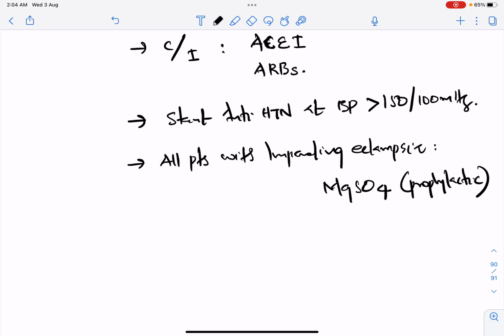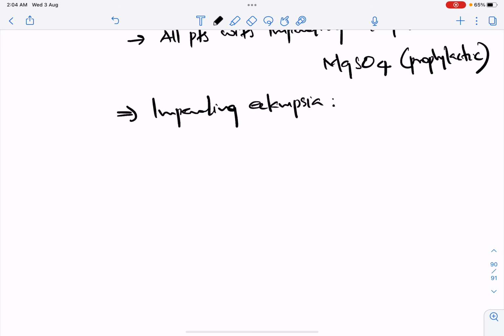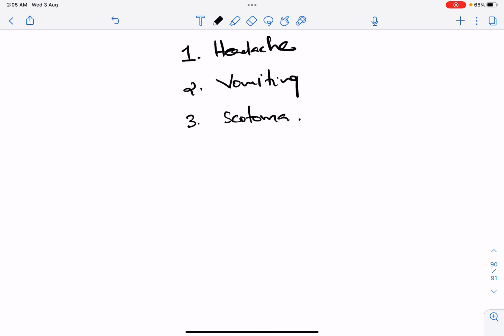So what are the features of impending eclampsia? The features of impending eclampsia include: the first one is sudden onset headache, vomiting, scotoma, pulmonary edema, acute pulmonary edema, and epigastric pain.